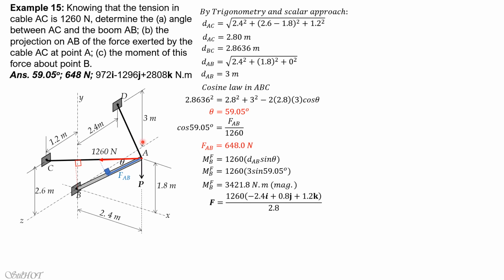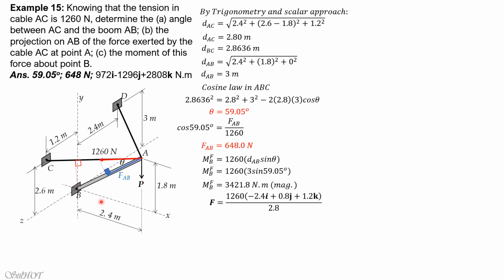However, that vertical component of force, if you extend it, will cross the x-axis. So there is no moment of that force about the x-axis. Finally, the z component is 1,260 times the z component of distance, 1.2, divided by 2.8. That would be 540 forward.